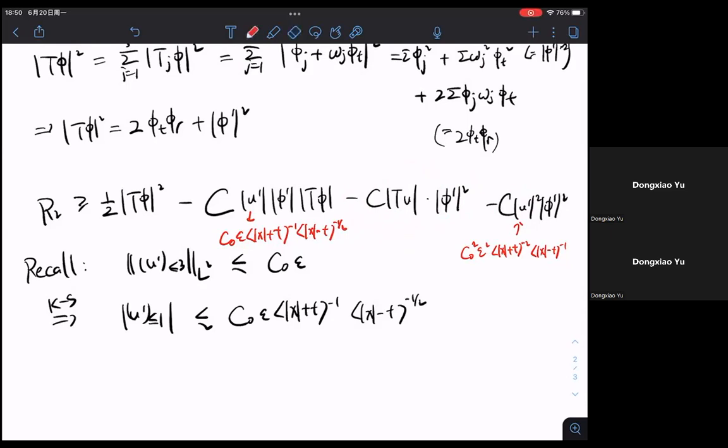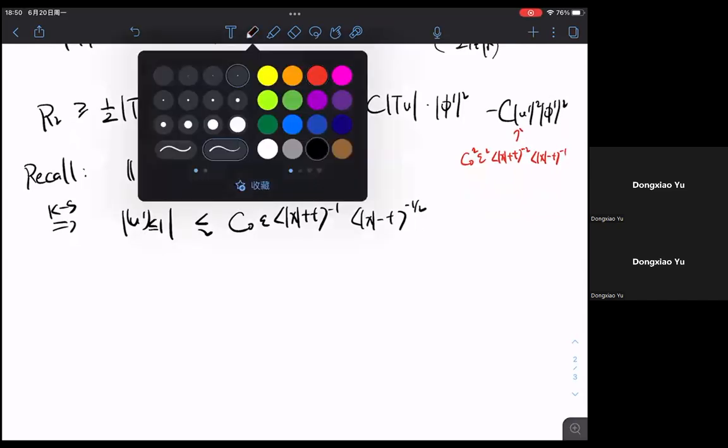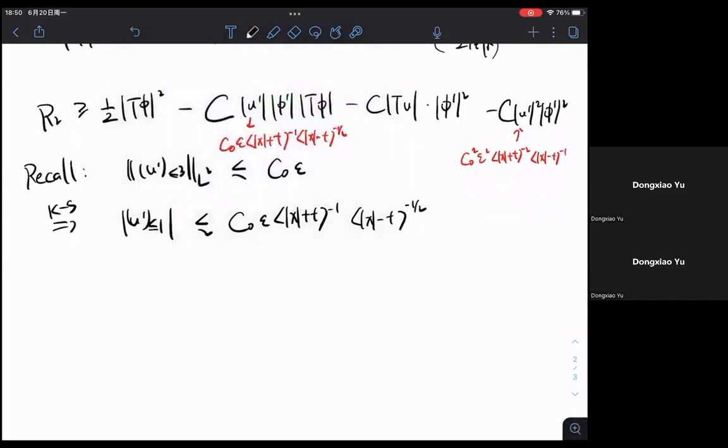To estimate this, let's consider the following. We will make use of this bound for U prime less than or equal to 1. Using a certain estimate we have seen before in our previous class on the commuting vector fields, we can first replace these tangential derivatives with the commuting vector fields and get a good factor X plus T inverse.